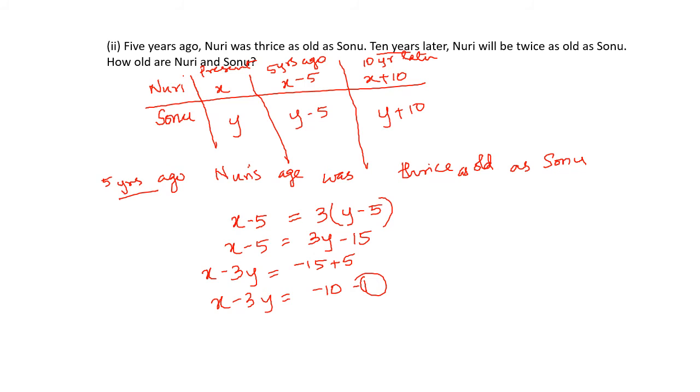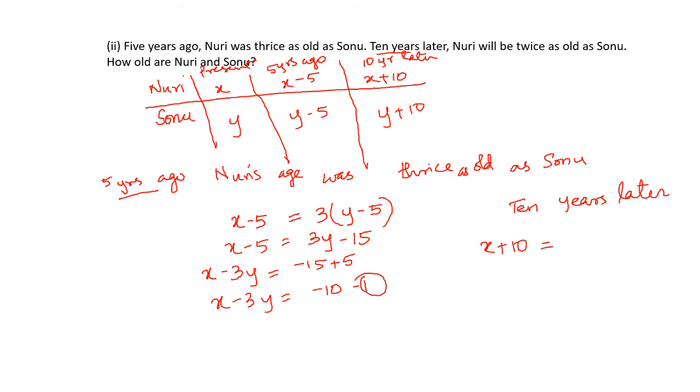Okay. Now we have to take the second sentence here. 10 years later, Noori will be twice as old as Sonu. Now, the second equation I'll write by this side. 10 years later, Noori's age is x plus 10.